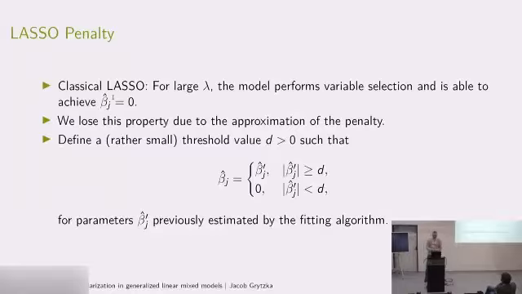What we lose here when we use this approximation is that in the LASSO case, some parameters, or the effects of some covariates, can be estimated to exactly 0. We lose this property here, but we gain it back in some way if we define a small threshold. In our case, 10 to the minus 3, and every estimation which is below this threshold is manually set to 0. So we have the estimation to 0 back in that way.